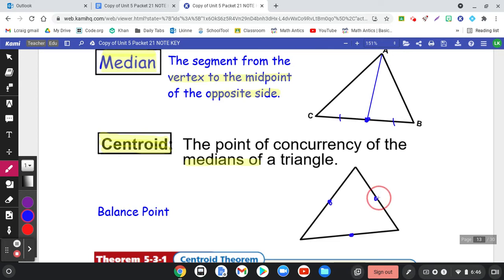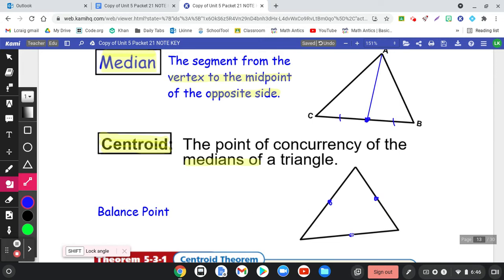And we'll go there. So if you were to draw, and you don't need to draw all three, two will work because they're all going to meet in the same spot. So if I draw that median, and I go from this midpoint to the opposite vertex, this point right here, which is where this will cross as well, is considered your centroid.